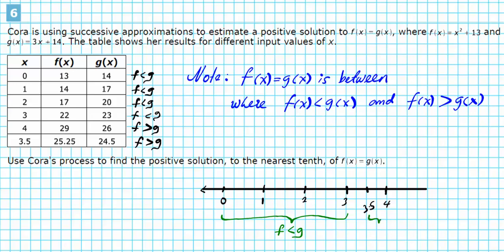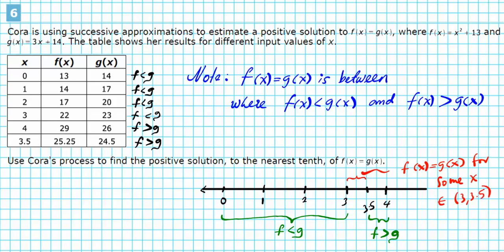And you can assume that for higher values of x, the same pattern will hold true. f becomes greater than g. So what does that tell us? It tells us that for a particular x value somewhere here between 3 and 3.5, f is going to be equal to g of x, for some x in the interval 3 to 3.5.